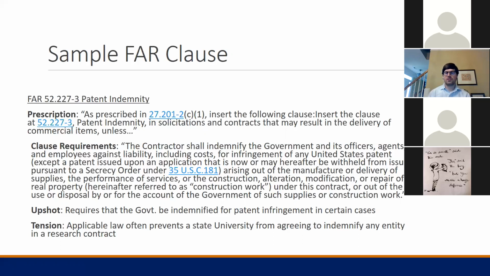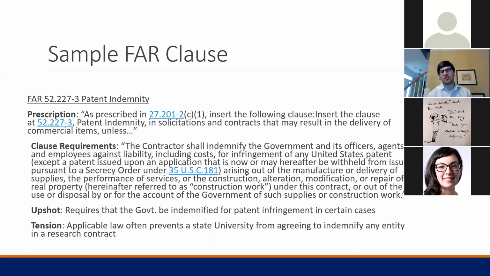There have been cases where universities go back and say, we're unable to agree to this, here's why, and the government will accept it. I think those are relatively rare, and there has to be a very clear case that it is illegal to perform for that situation to work. Maybe the rest of the clause is applicable, but the indemnification part is removed. But those are the types of issues where, if a university is the prime contractor, you would go back to the federal government and say, we're unable to accept this, and here's why.